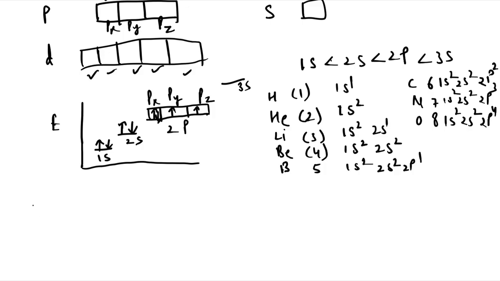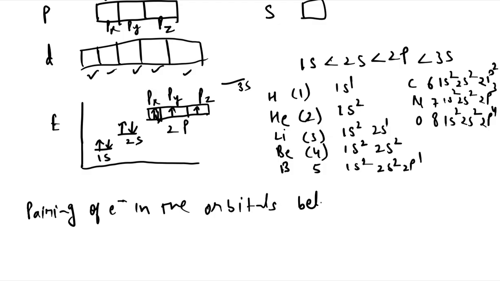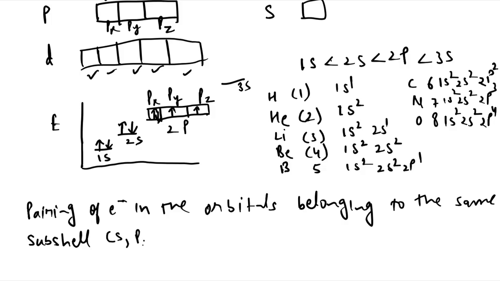It says pairing of electrons in the orbitals belonging to the same subshell. Subshell means s, p, d or f.